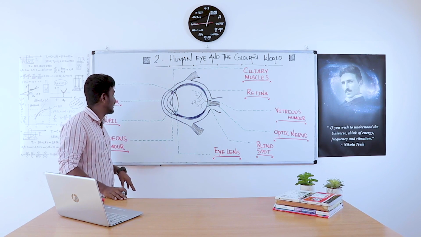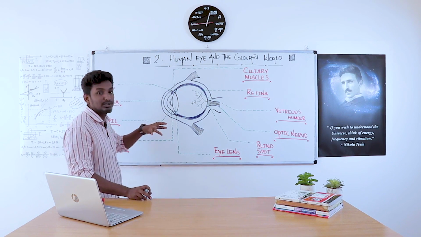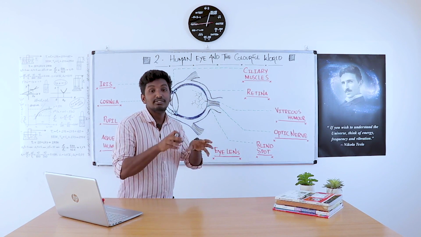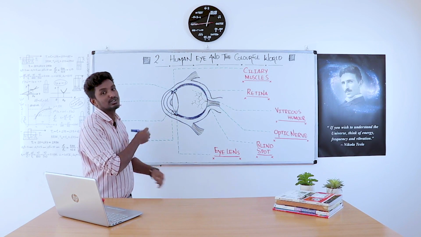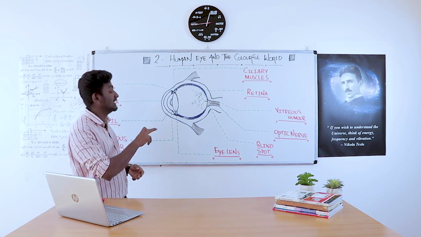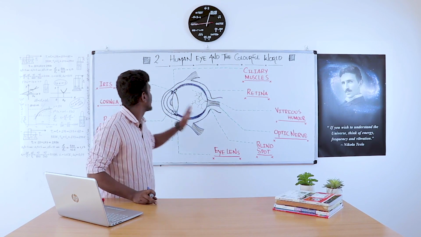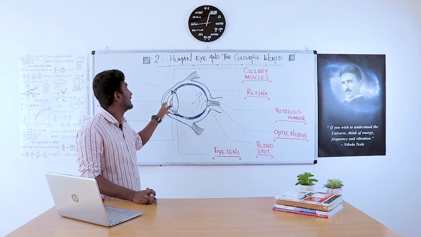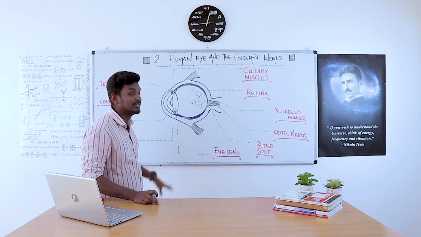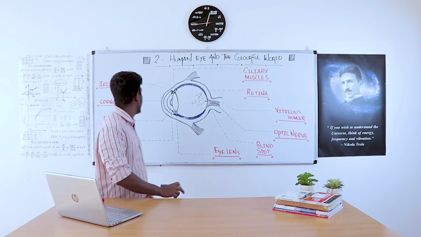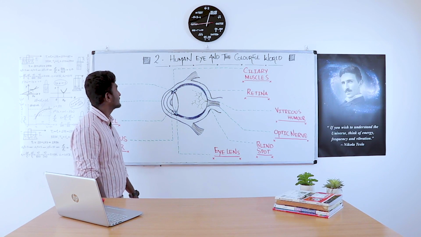Humor means fluid. So aqueous humor is simply a fluid which fills the space between the cornea and the lens.